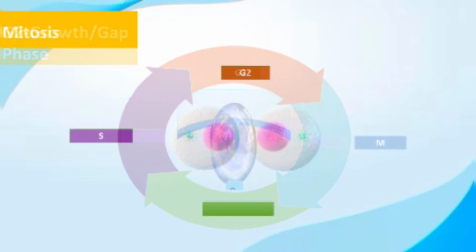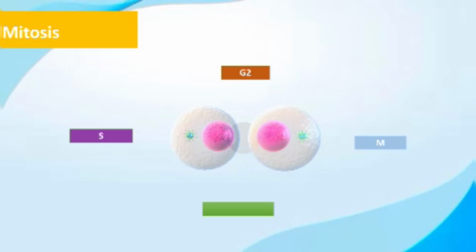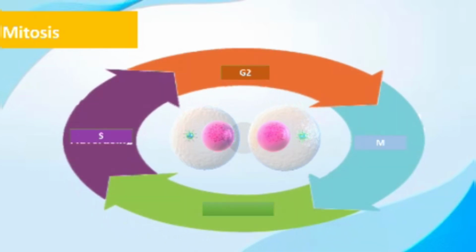Let's begin with mitosis. Mitosis is a type of cell division that occurs in somatic cells, these are also known as body cells, resulting in two genetically identical daughter cells. It plays a key role in growth, tissue repair, and asexual reproduction in certain organisms.